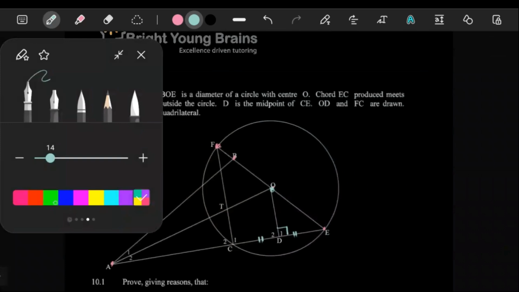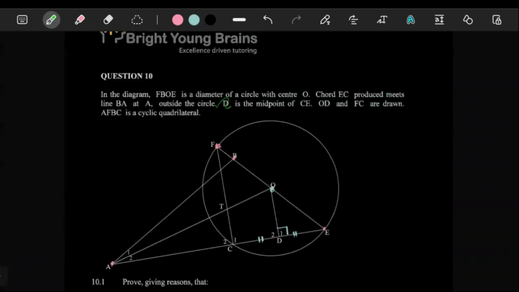Right? So it says here, D is the midpoint of EC, yes. And then it says OD and FC are drawn.